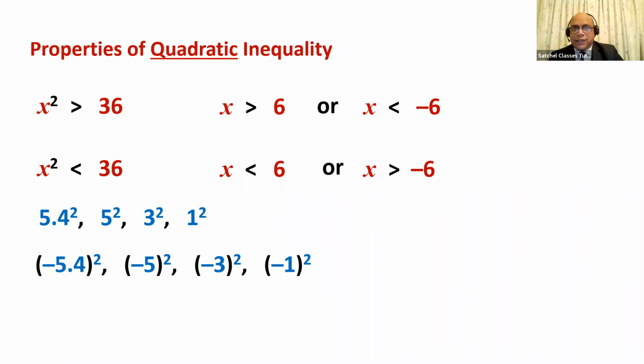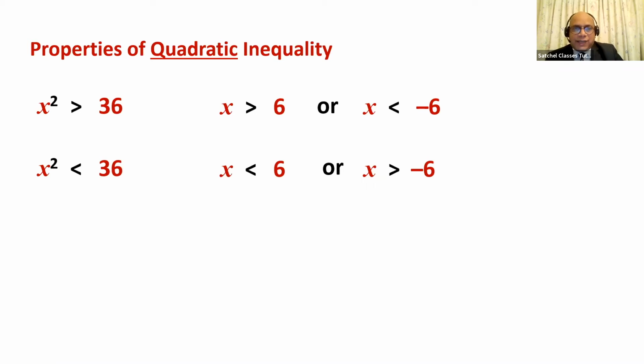Any value which is greater than minus 6, like minus 5, minus 3, minus 1, can also satisfy, right? Now, the second case, x is less than 6 and x is greater than minus 6, can be written in a combined form like this. x lies between minus 6 and 6. Look, x is greater than minus 6, x is less than 6.